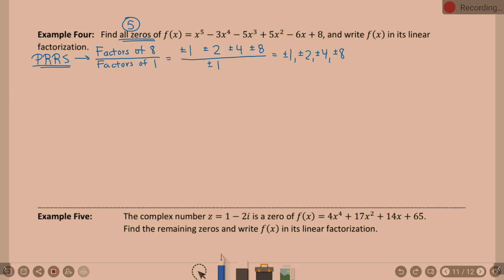The graph is going to get us to our final answer quicker, but the graph doesn't give us everything. So you're going to plug this into the calculator, and you're going to tell me the graph suggests what of plus or minus 1, 2, 4, and 8?